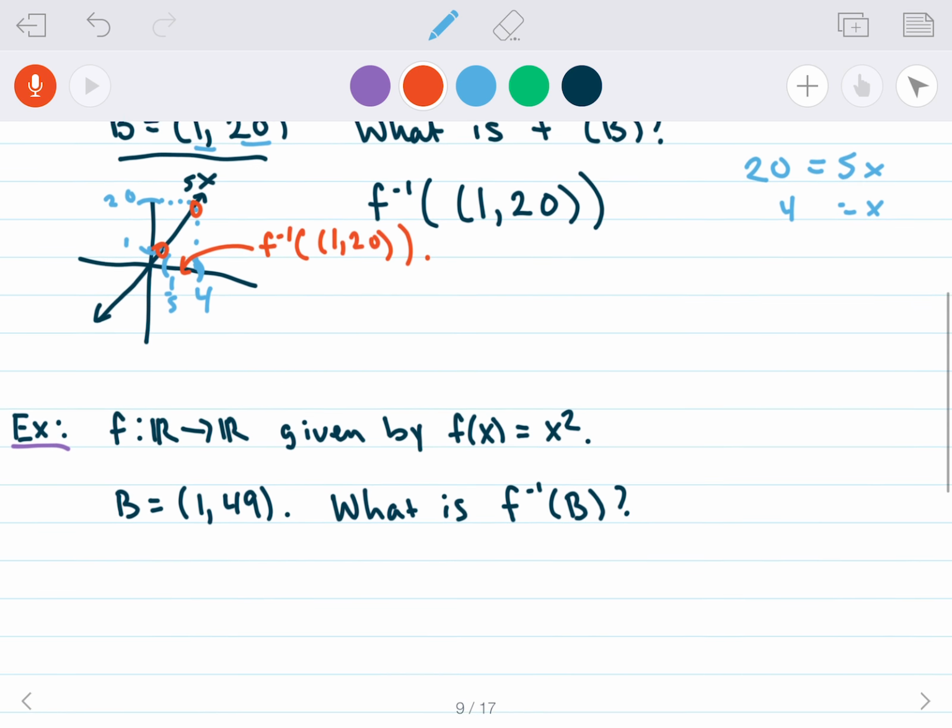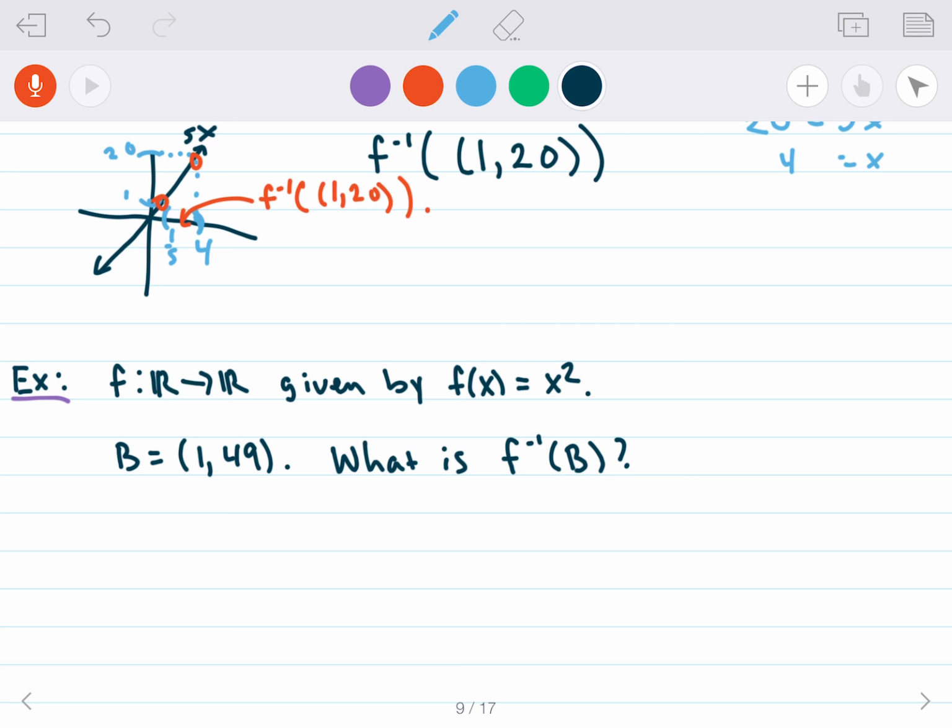All right, let's do this guy. We have our nice quadratic function, and our B is going to be from 1 to 49. So let's just give a quick sketch. We want to know what the pre-image of B is going to be with this function, x squared. So let's just do a rough sketch here.